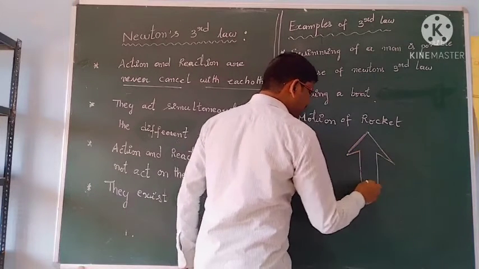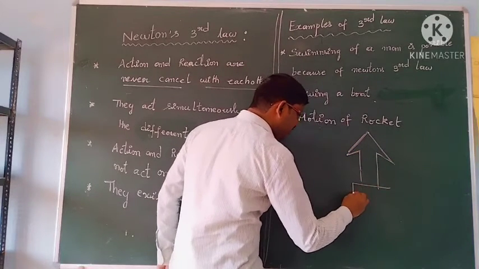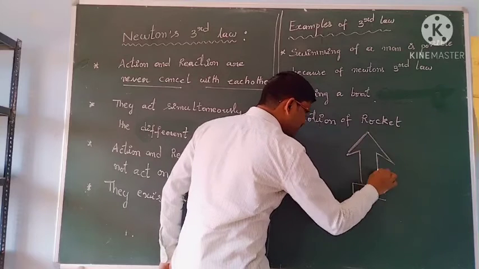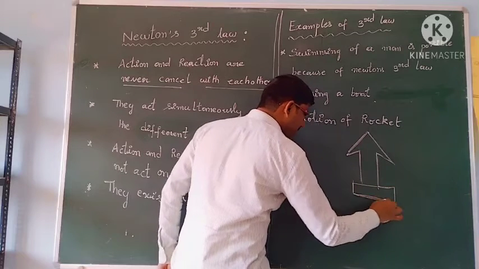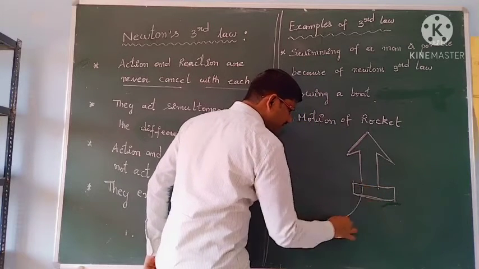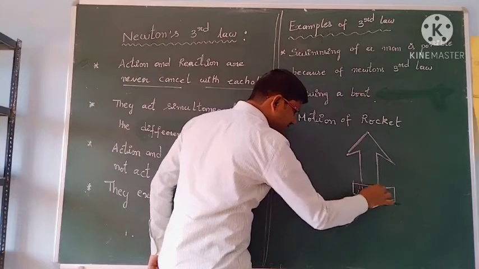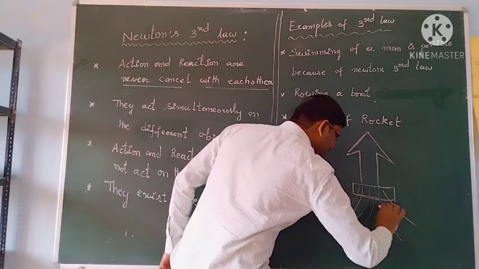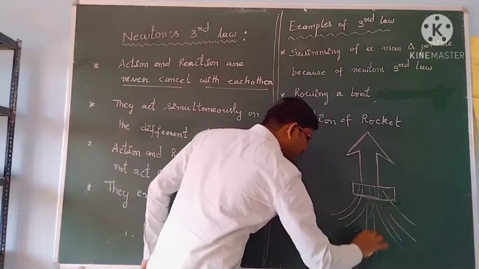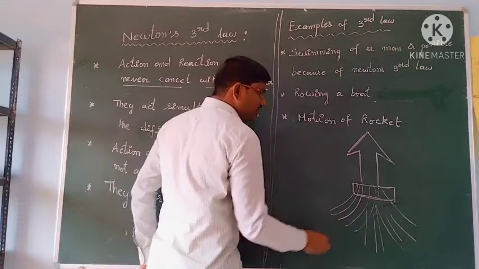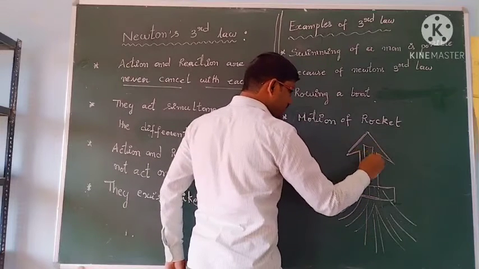Okay, students, see. And this is our rocket, if you consider. This is our toy rocket, a small rocket if you consider. Through this nozzle, the gases are ejected in the backward direction. So gases are coming down. So this is the rocket.